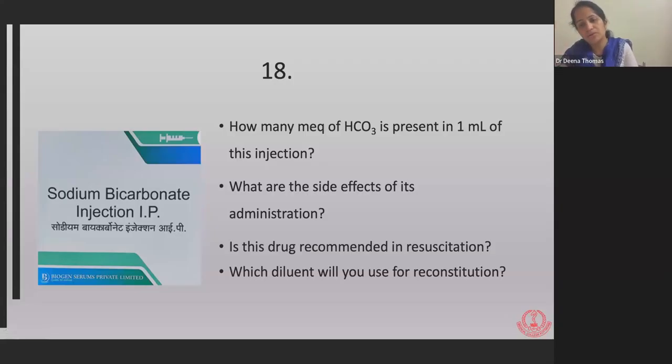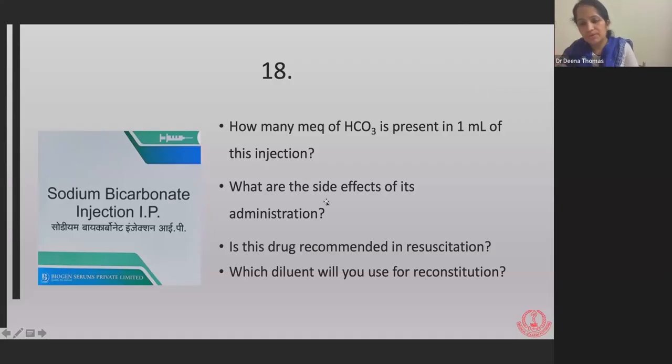Intraventricular hemorrhage. All the neonatologists avoid it because of intraventricular hemorrhage. Any other side effect? Everybody has answered IVH. Hypernatremia. Extravasation, right?